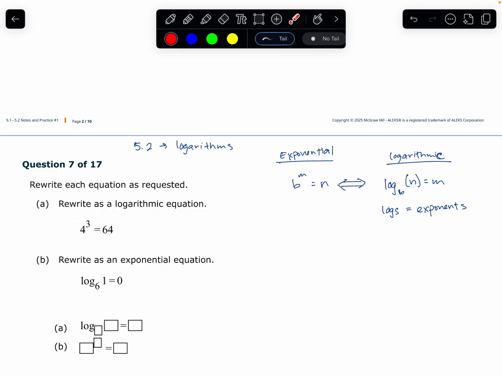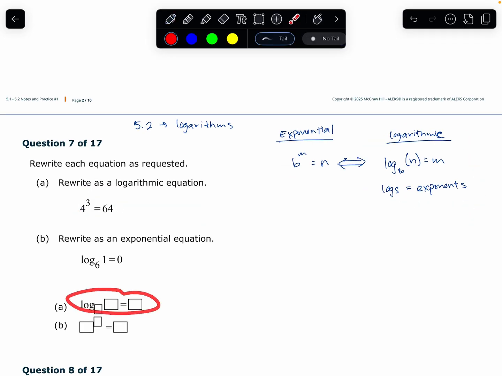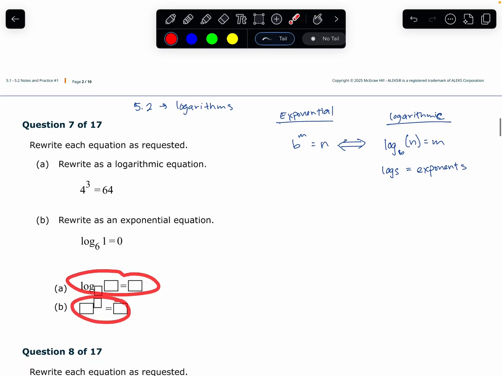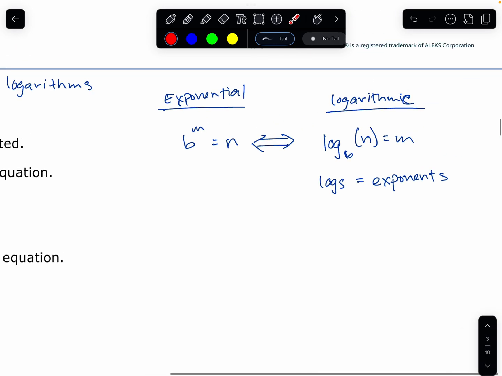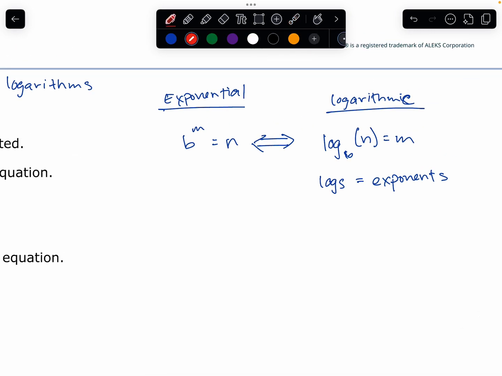So here we have an exponential equation, but it wants us to rewrite it as a logarithmic equation. So what would this look like? For A, you should have a logarithm. You need to give it a base number. This is called the base of a logarithm. So logarithms always have a base.